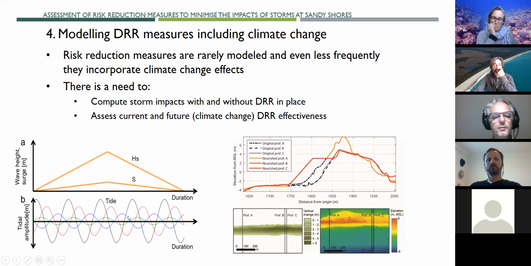We can also, of course, include here a new level above the tide, which will represent, for instance, sea level rise, and we can again model the measure, which is the beach nourishment here, in order to see if it would also be effective or not after sea level rise, or if we increase the storminess, for instance the wave height. So there is a huge amount of possibilities to work with the models and with the measures in order to test them.